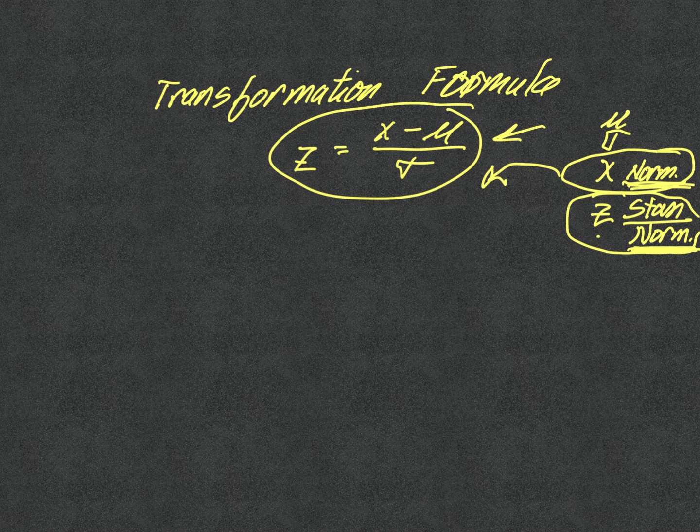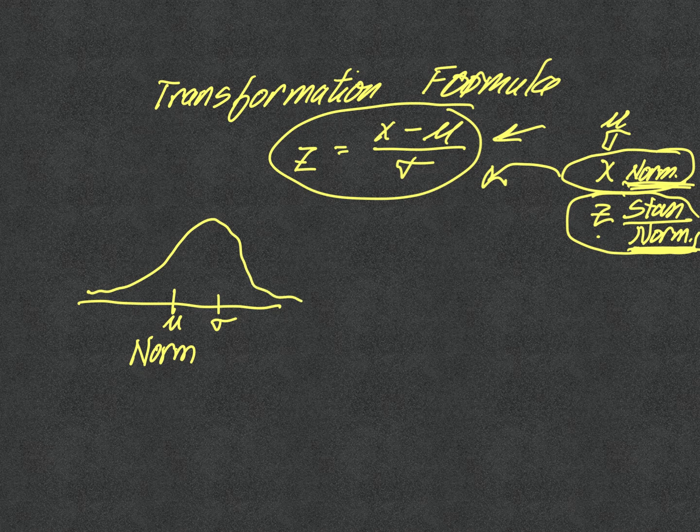Now there's a little graphical picture we can look at. So suppose we have a normal set of data. It has a mean and a standard deviation. And suppose that we're trying to find the area less than some X value.